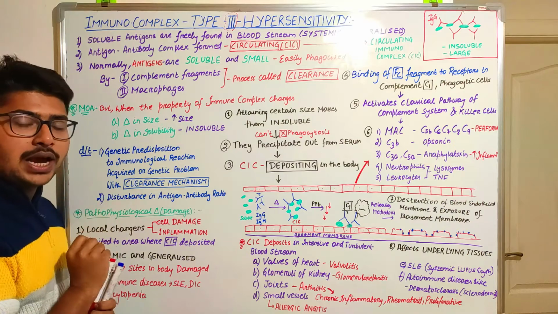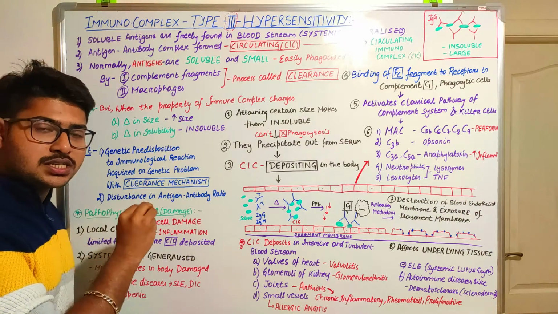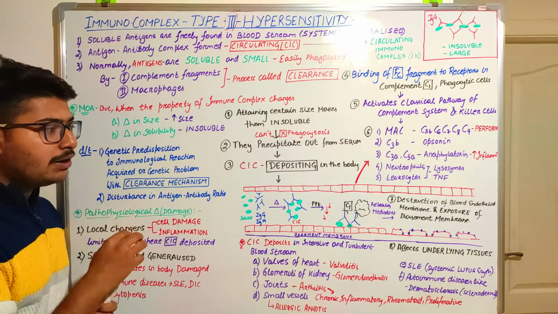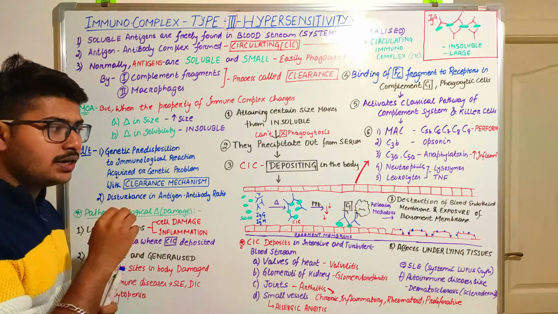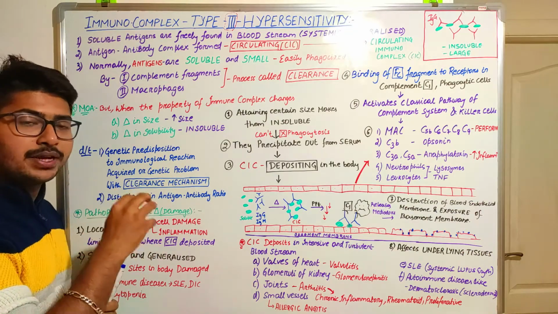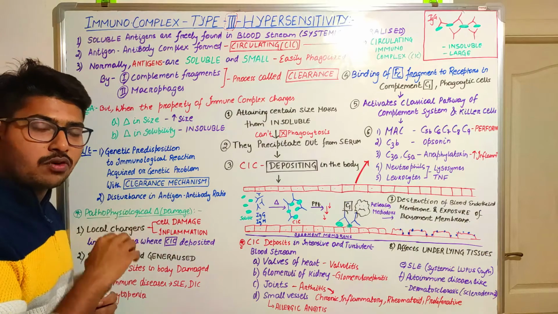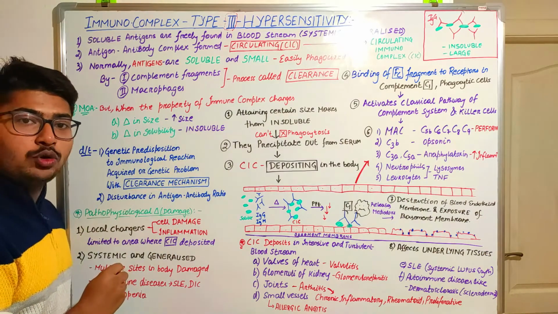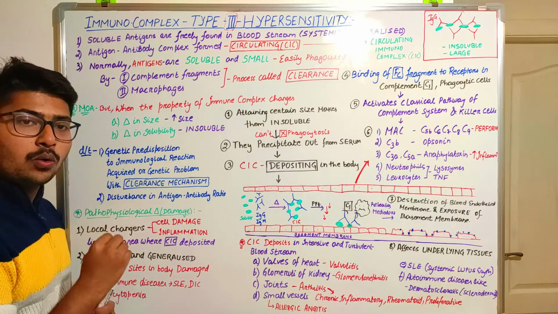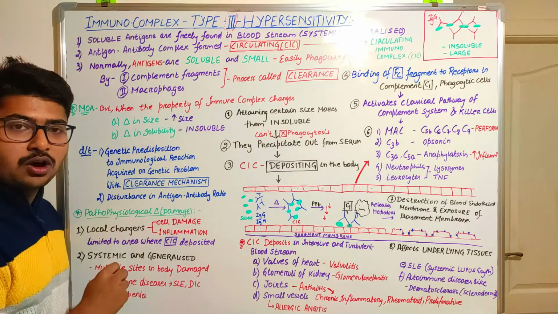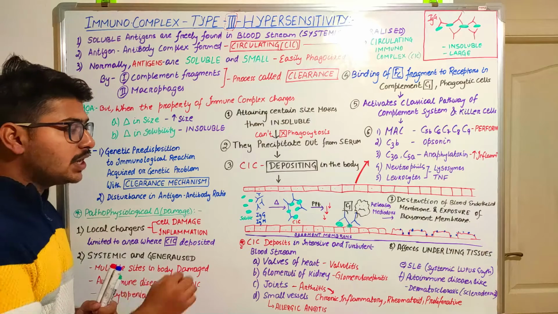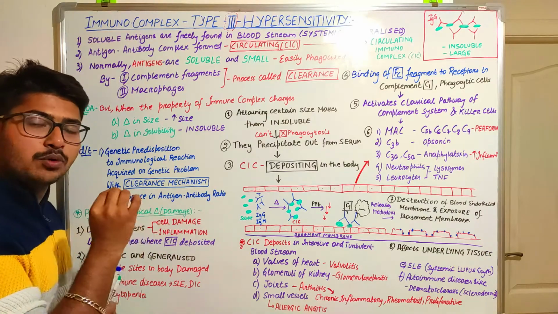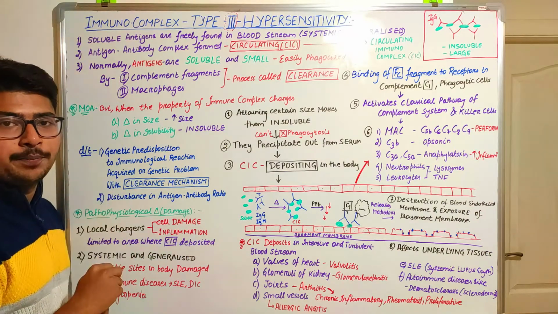In type 2, the antigen was present over the surface of cell membrane that were fixed to an organ, means the cells were fixed to a tissue and tissue consists of organs. It means type 2 hypersensitivity occurs only tissue specific or organ specific. It means it is localized at a certain position or place of our body.